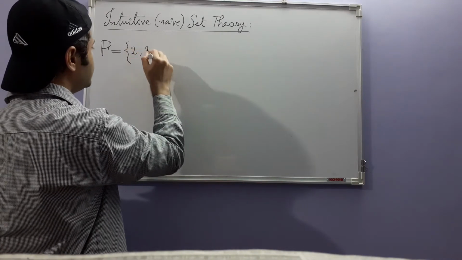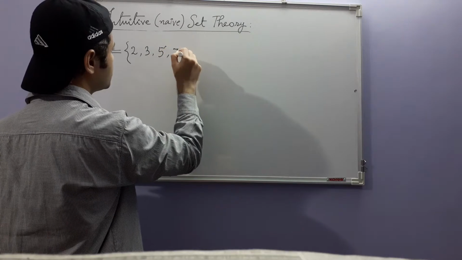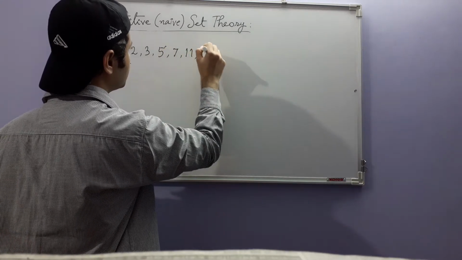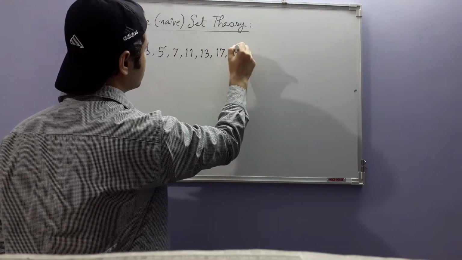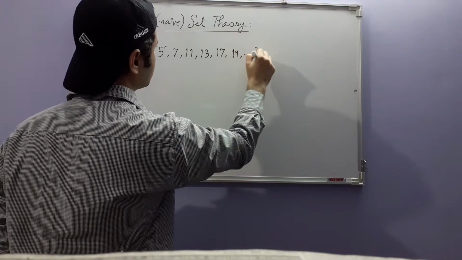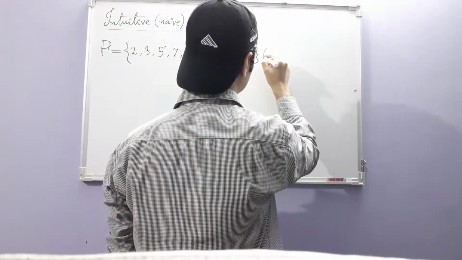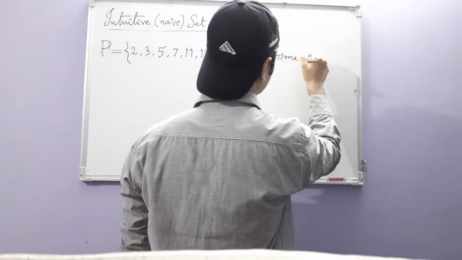We can write it in roster notation like this, the way we have already written previously. And so on. These are prime numbers.